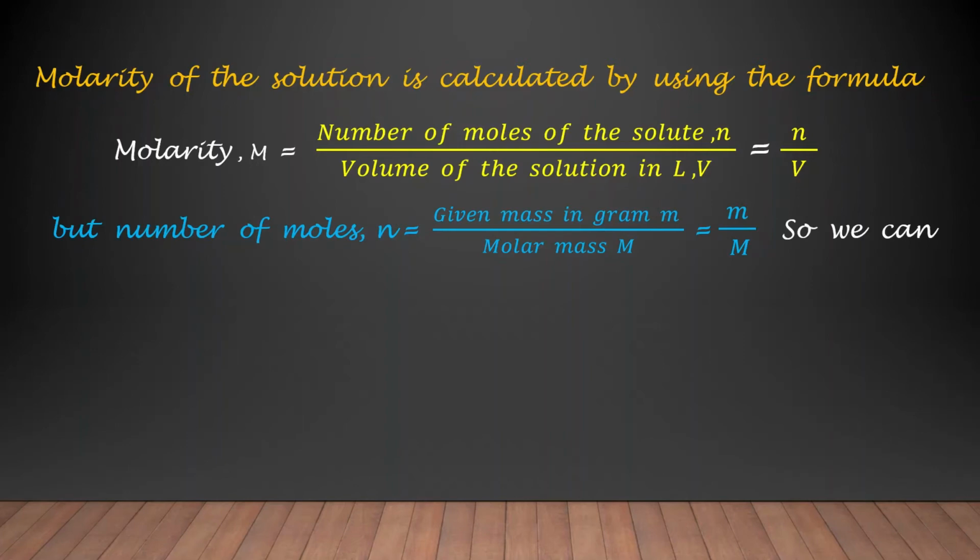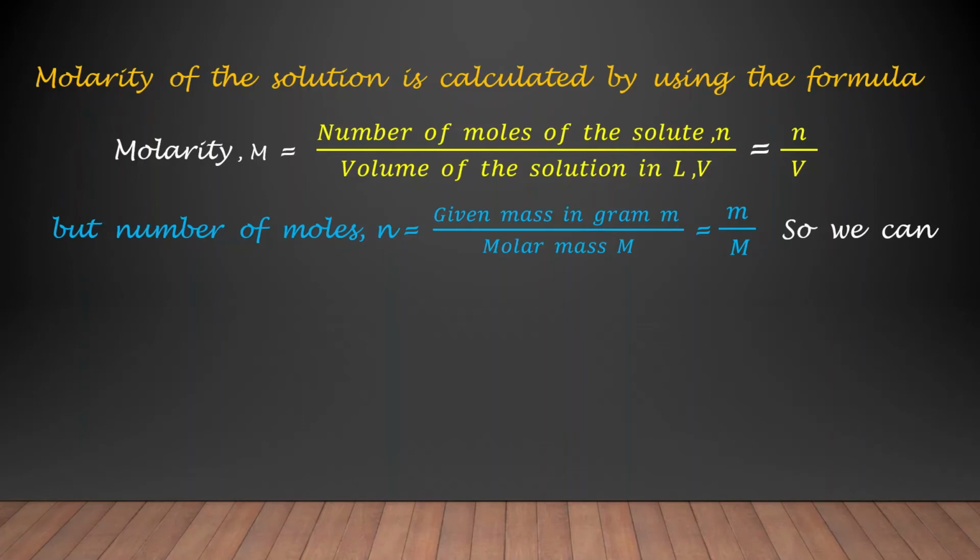Dear friends, you have already studied in the previous video that the number of moles n can be calculated using the formula: given mass in gram divided by molar mass. Given mass in gram is small m and molar mass is capital M, so small m divided by capital M gives the number of moles, small n.